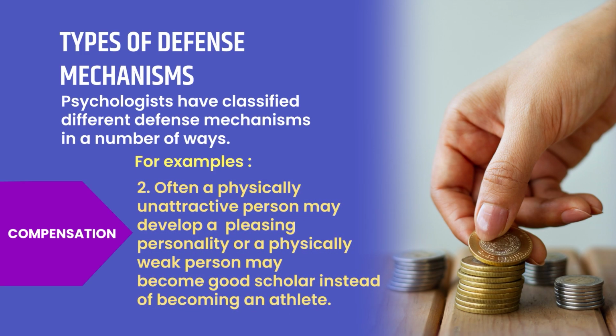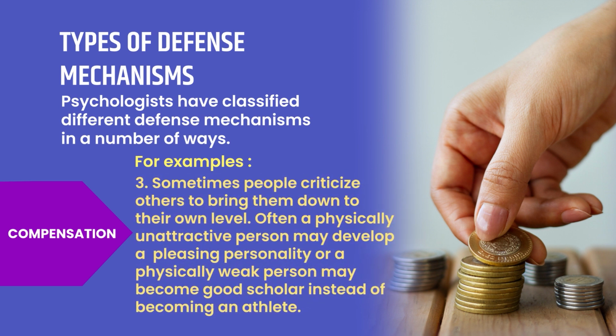Another example can be, often a physically unattractive person may develop a pleasing personality, or a physically weak person may become a good scholar instead of becoming an athlete. Another example for compensation can be, sometimes people criticize others to bring them down to their own level.